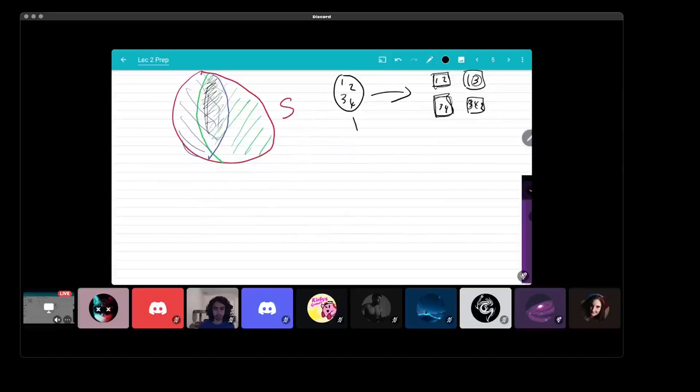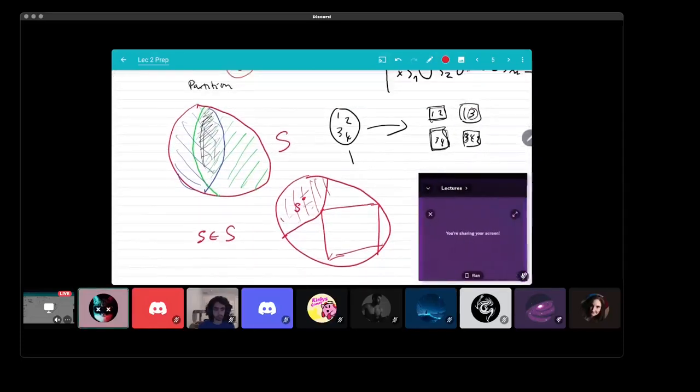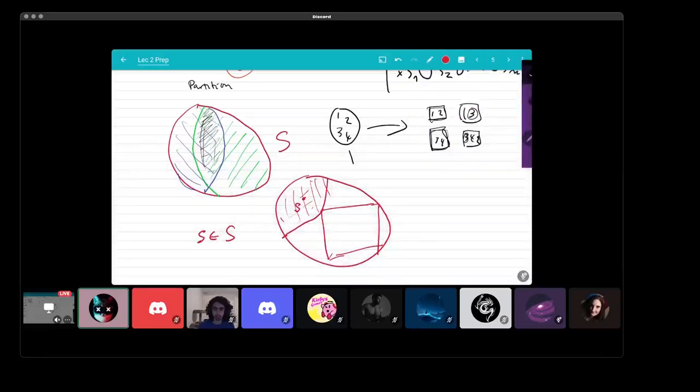And the other is that it should cover the entirety of the set. So if you pick any random element in the set, there must be a subdivision in which it is contained. So there must be an element of the partition in which it is contained.